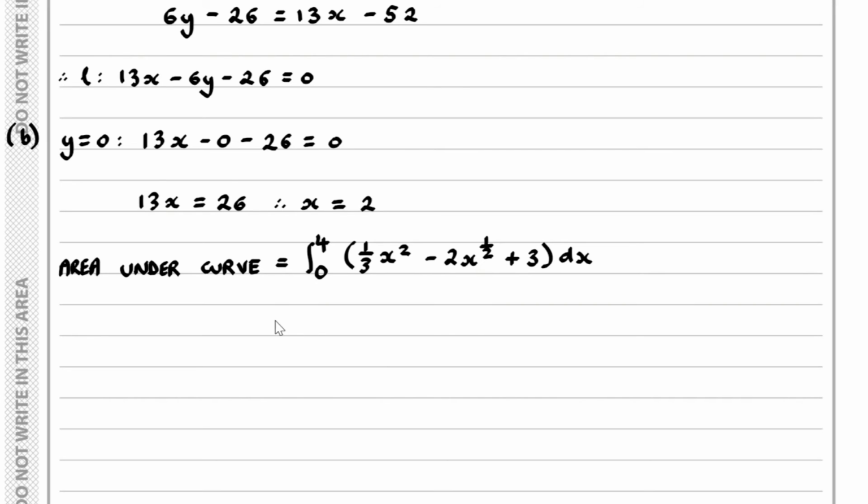Integrating 1/3 x squared, we end up with 1/9 x cubed. Integrating negative 2x to the half, we end up with negative 4/3 x to the 3/2, plus 3x.